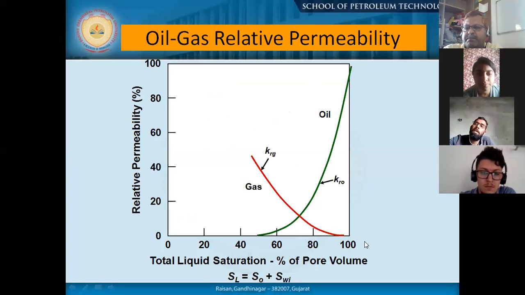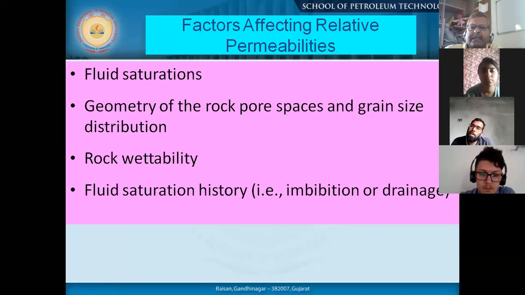So there is a difference. Take care of this part, because if somebody asks why this is not water saturation, it is because in this case we have total liquid saturation in the pore volume, and that dictates our oil and gas flow.